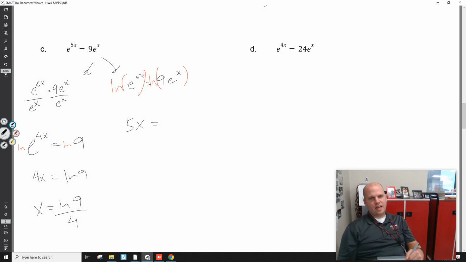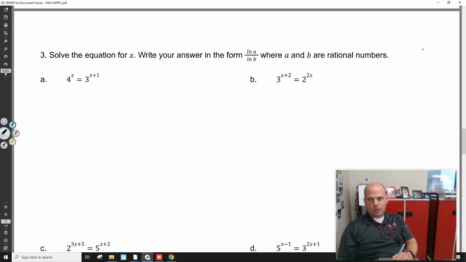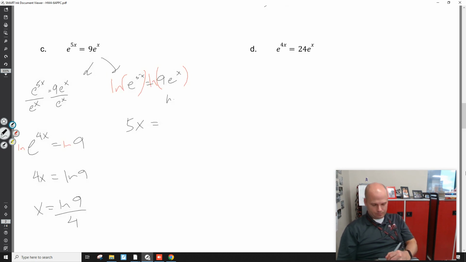On the right side, I can't say this is the natural log of 9 times x. I could use a logarithmic property that says if you have a product, you can write it as a sum, giving me natural log 9 plus the natural log of e to the x. Now the natural log of e to the x is just 1.